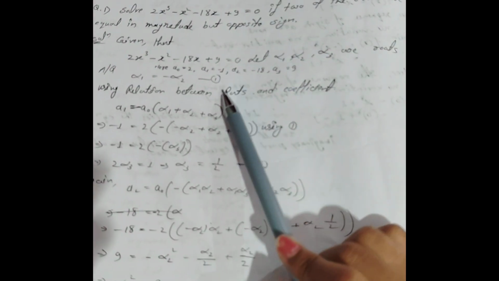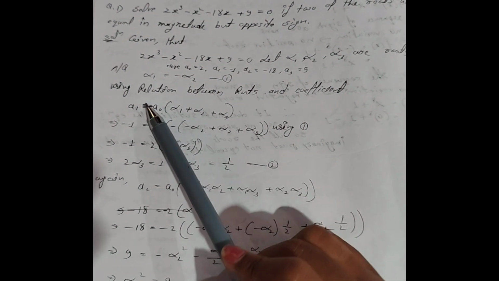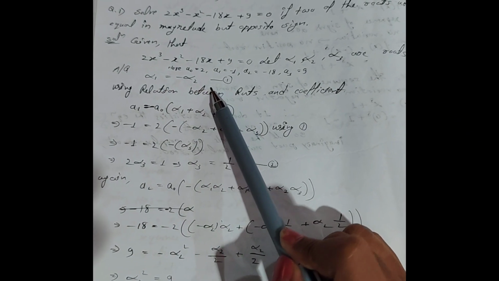So according to the question, the roots are equal in magnitude but opposite in sign. So alpha 1 is equal to minus alpha 2.